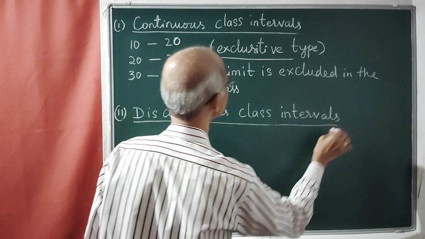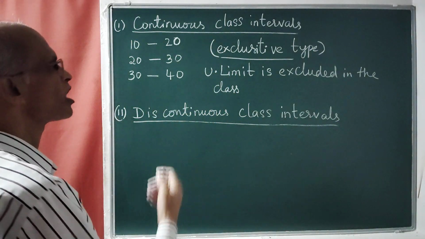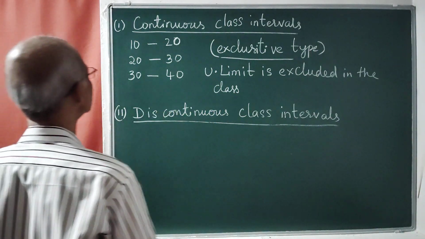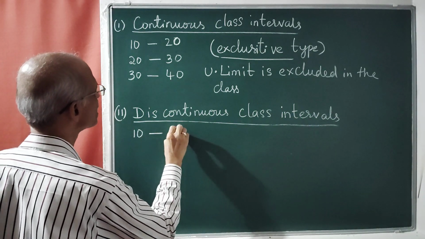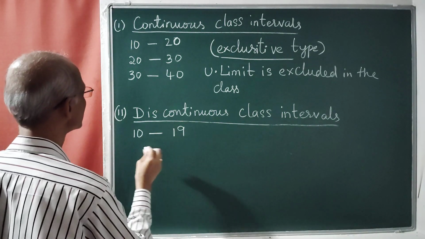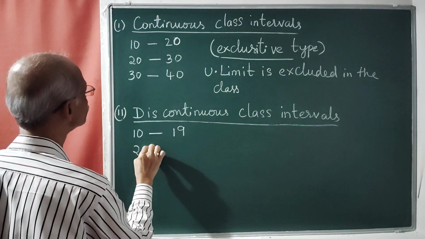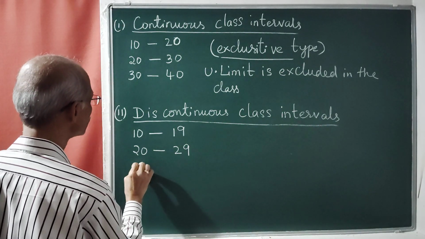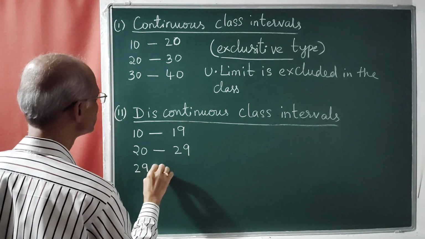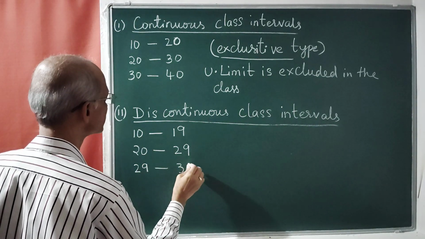Here the classes are not continuous, they are broken. For example, 10 to 19, 20 to 29, 30 to 39.